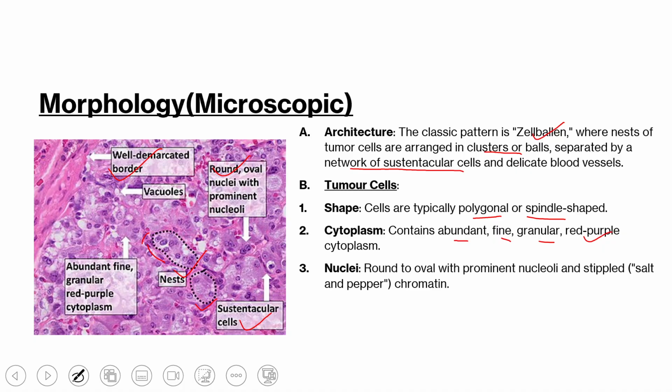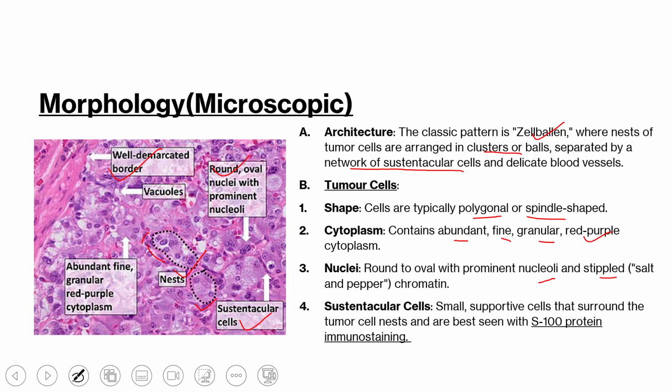There is a stippled chromatin, giving a salt and pepper like appearance. The sustentacular cells surrounding the nest are small supportive cells, and these can be seen under S100 protein immunostaining.